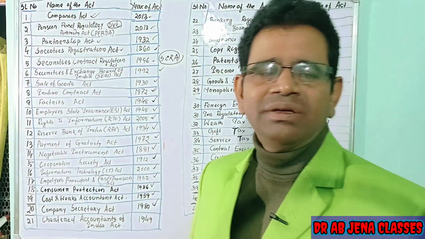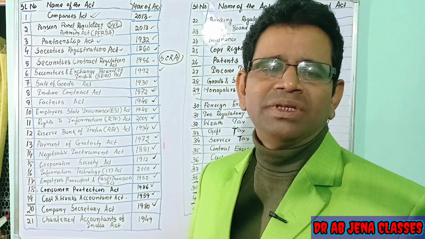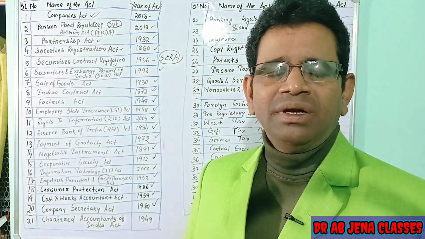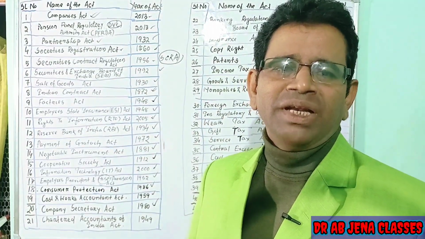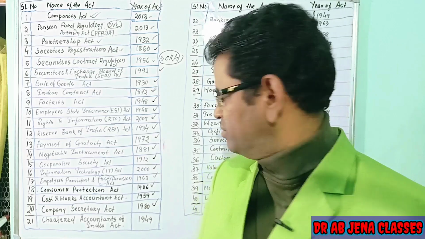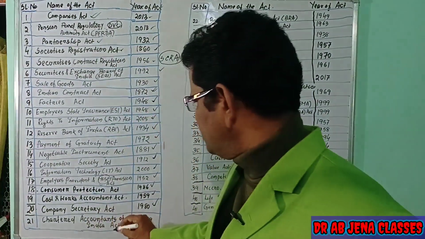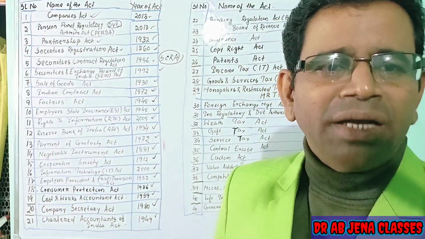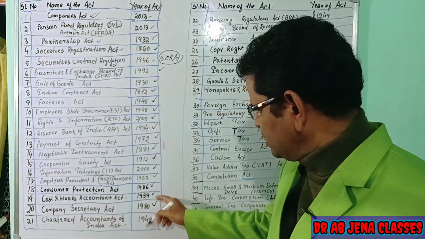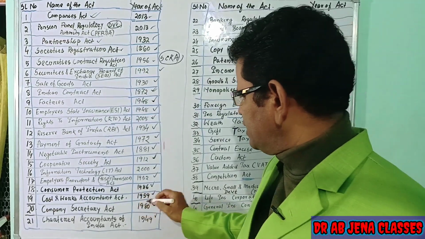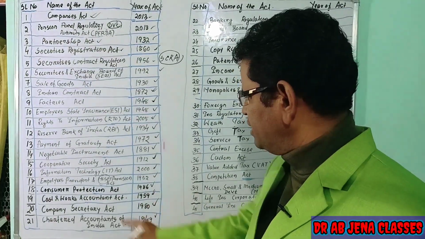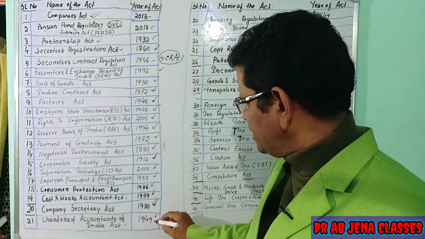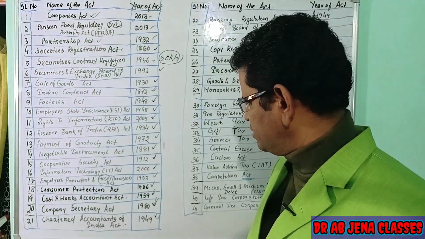After your graduation or post graduation, some of you may pursue management, or become a management accountant, cost accountant, or chartered accountant. Then the next one, the Chartered Accountants of India Act, is 1949. Again I am repeating, the Cost and Works Accountant Act is 1959, the Company Secretary Act is 1980, and the Chartered Accountants of India Act is 1949.